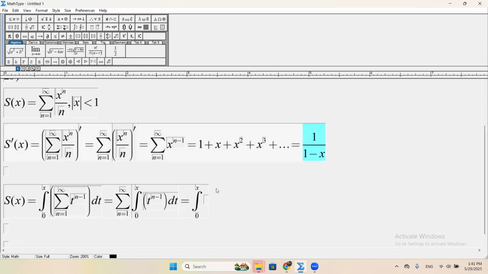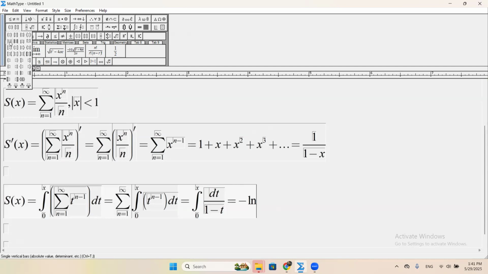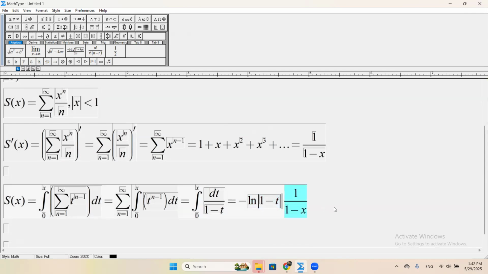And it equals minus logarithm of modulo 1 minus t with the substitutions from 0 to x, sorry, my bad.